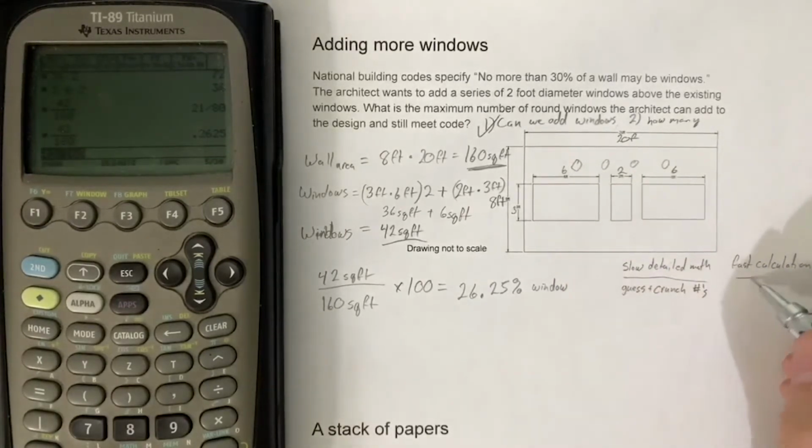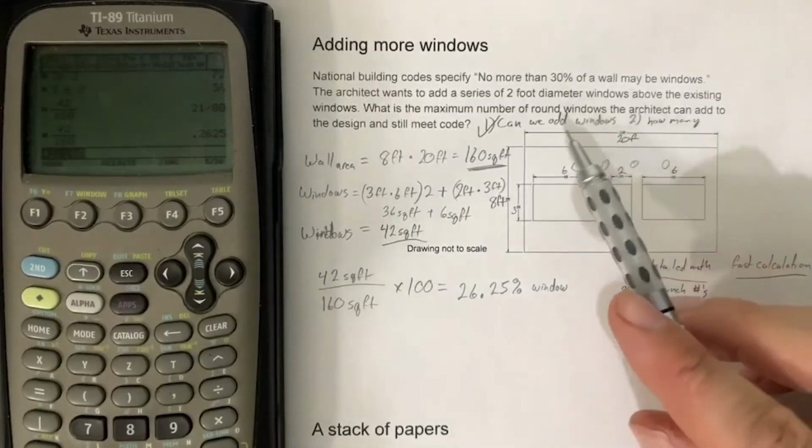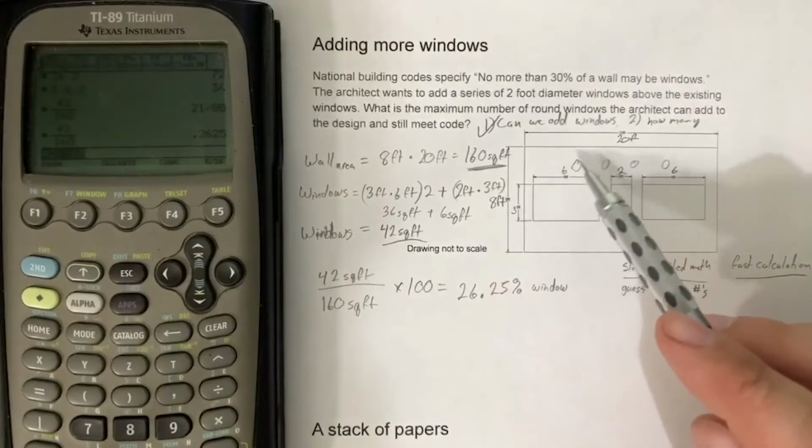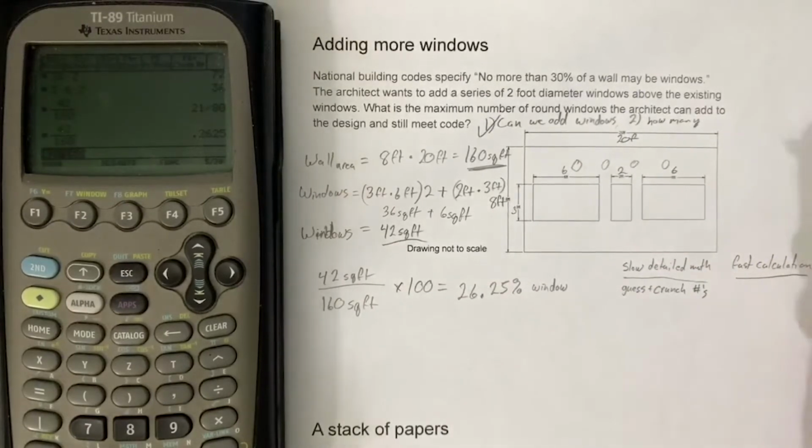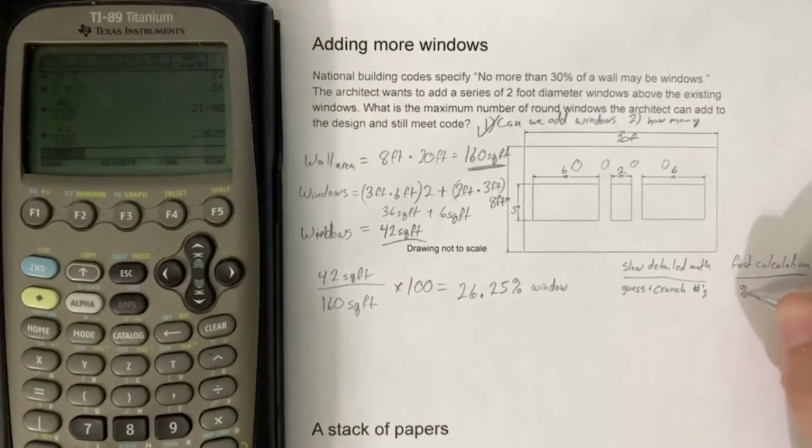The faster version still calls for the same information, so we have to step back and find the size of the circular window. But in the fast calculation, we find the percentage of one round window.